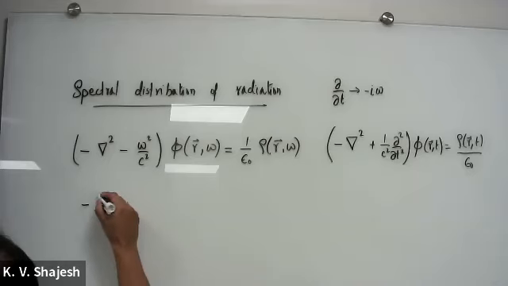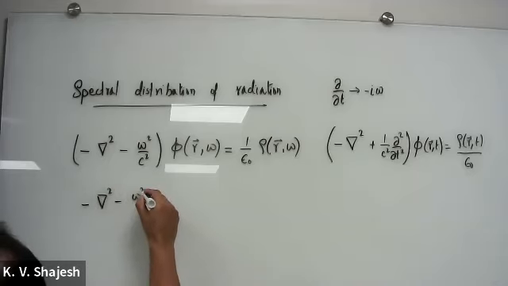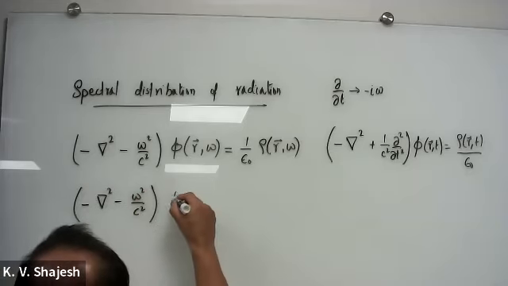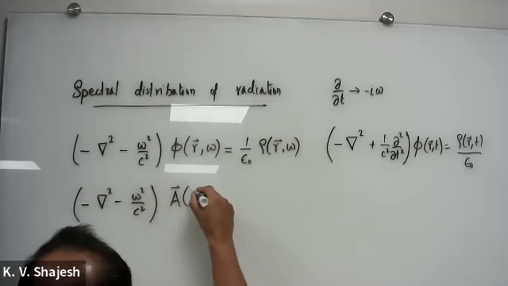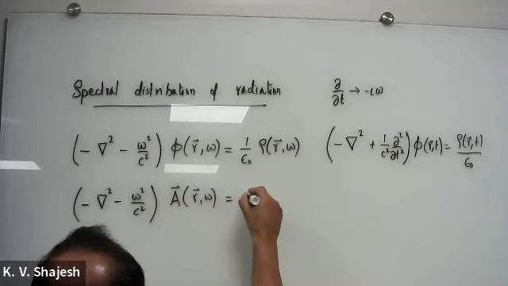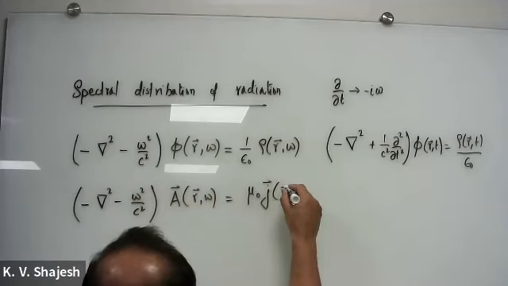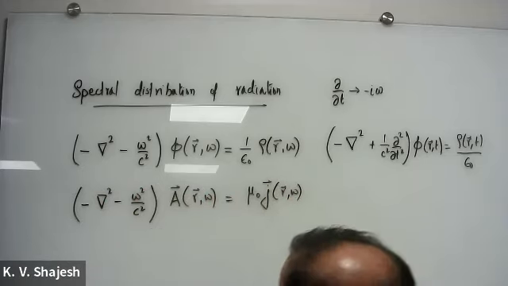The same equation for the magnetic potential has omega mu naught times J of omega.